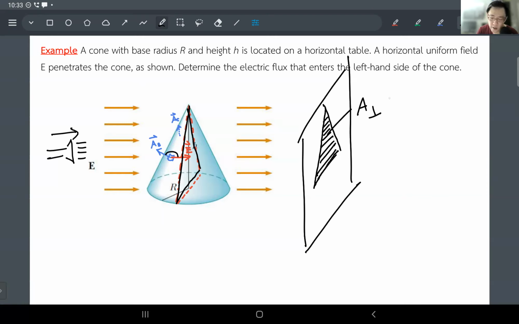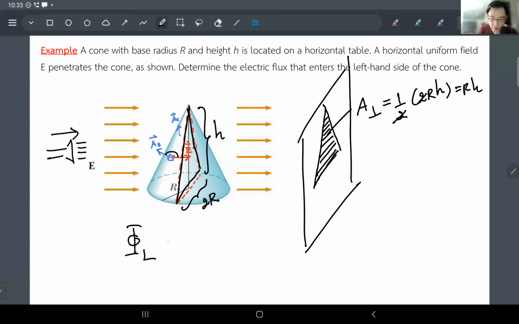So what's the size of this one? Half times the base, which is 2r, times the height, which is h. The 2 cancels, so it's rh. So the net flux through the left side of the cone is just E times r times h, and you're done.